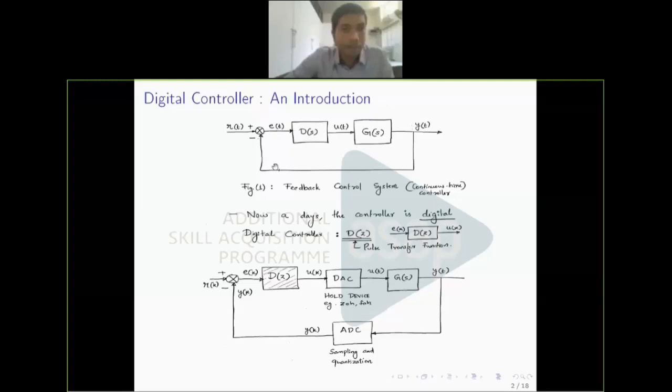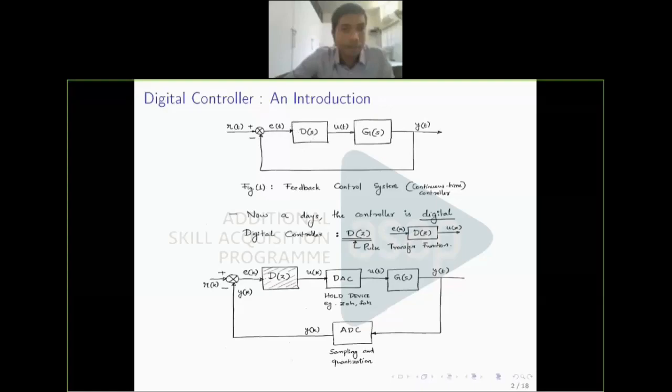But the problem is that nowadays nobody is using analog controllers to implement the control. Nowadays everybody is going for some digital form of controller. In the classical or analog case, you must be able to implement the controller in some analog form.